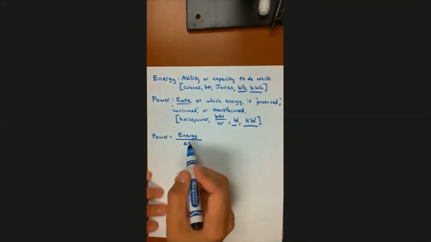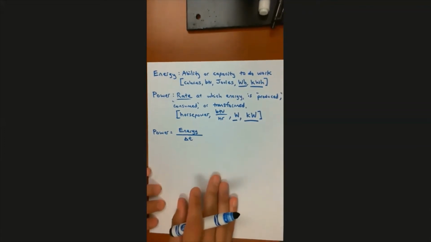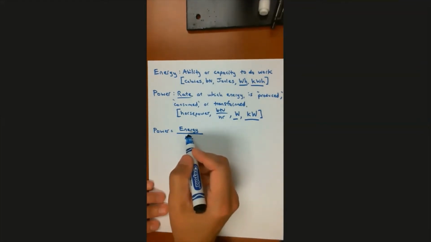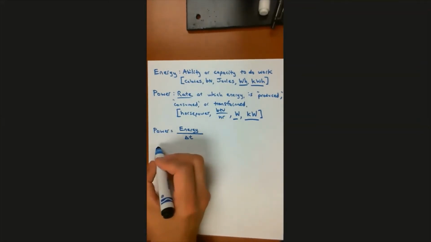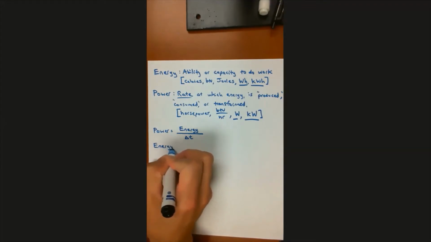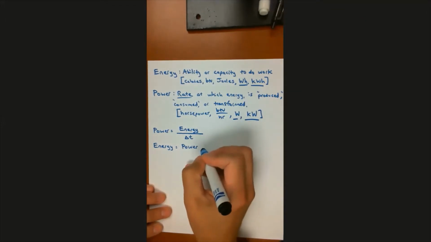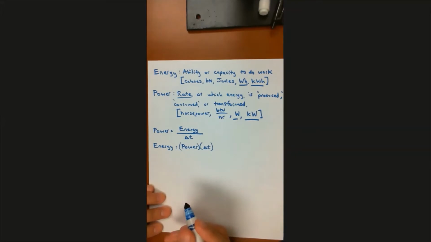All right. So that's an equation that we can use, or we can do a little bit of algebra on this, and probably the way that we see it more commonly is to say that energy equals power times time. I'll write it like this. Okay.